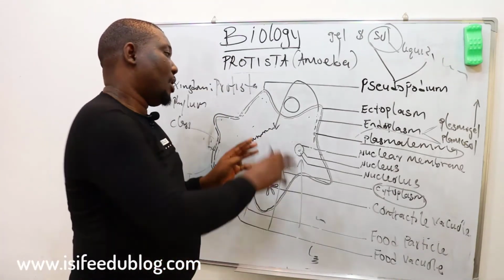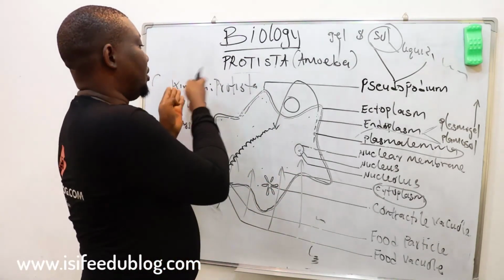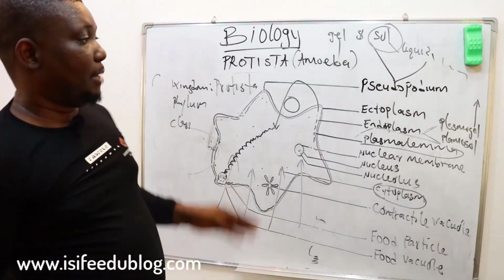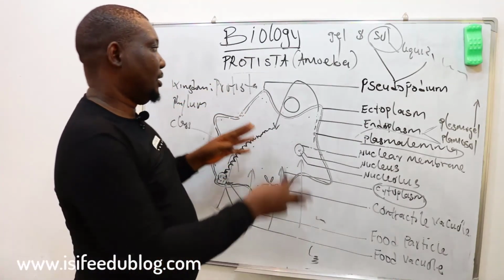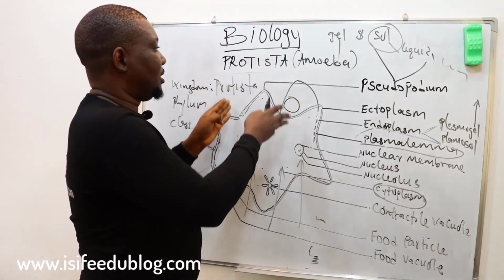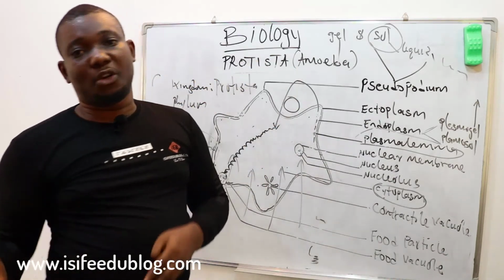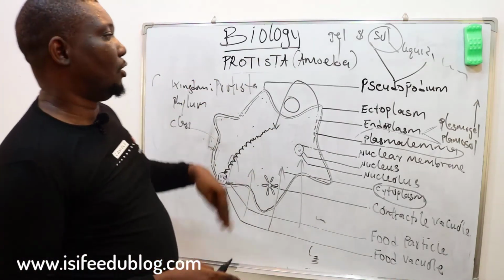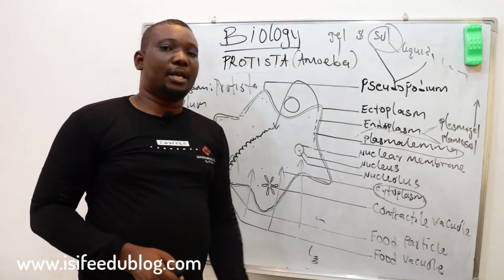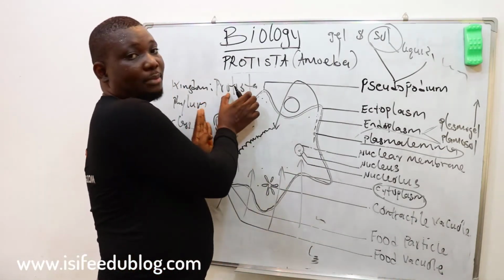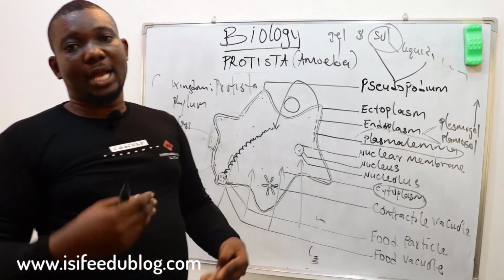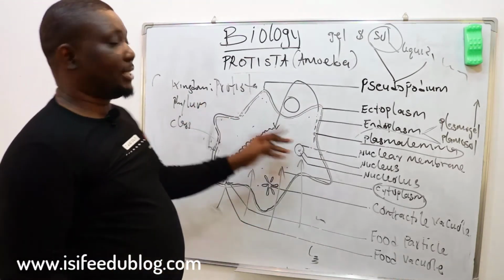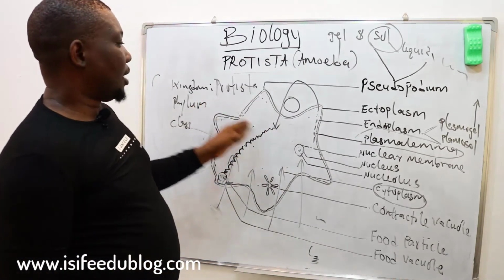Before now, amoeba were thought to belong to kingdom Animalia, but because of some reasons, the protists are taken away from animals based on being unicellular organisms. They are unicellular. Protista are all unicellular organisms. So that's the kingdom to which this organism belongs.